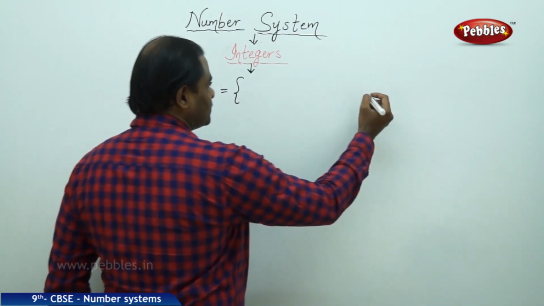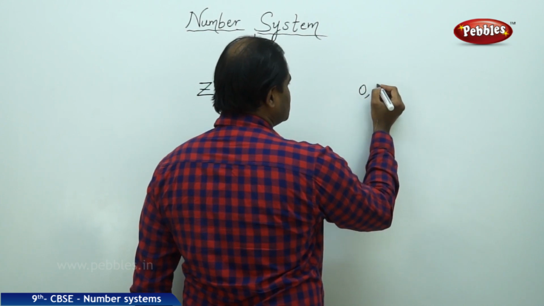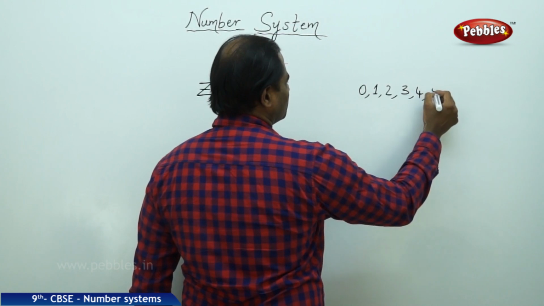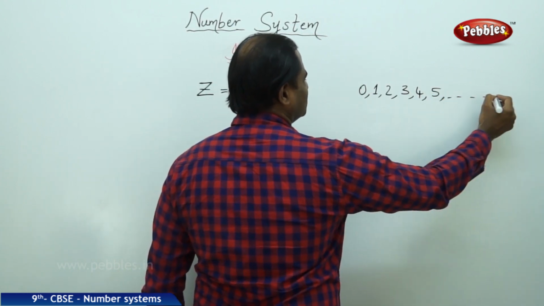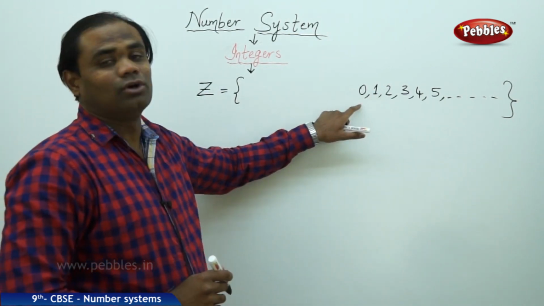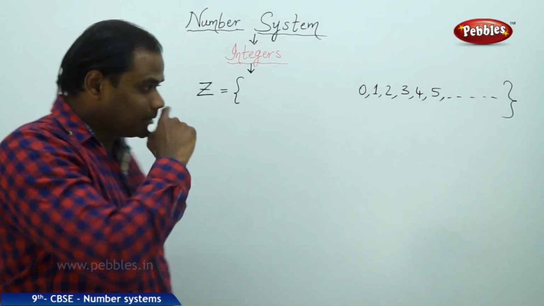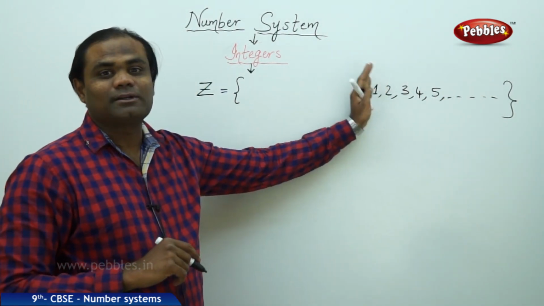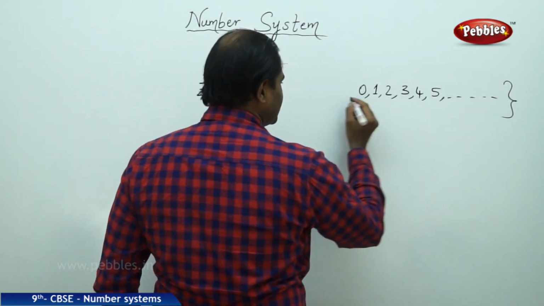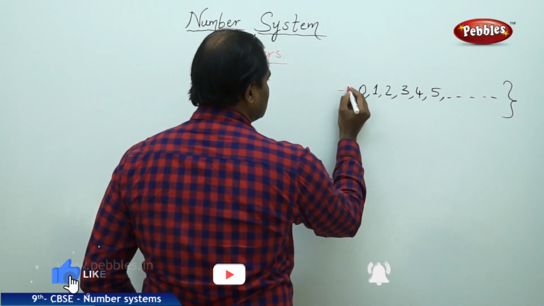Say for example, let me start with the positive side. We know that the whole numbers are 0, 1, 2, 3, 4, 5, etc. up to infinity, which is what we understand as the natural numbers or the whole numbers added with 0 on the positive side. So integers also include the negative part of it. Say for example, I have all the positive side on the right side, then I have all the negative numbers on the left.